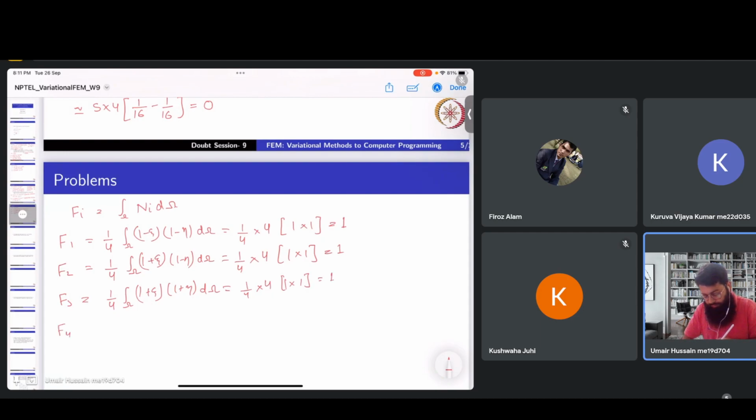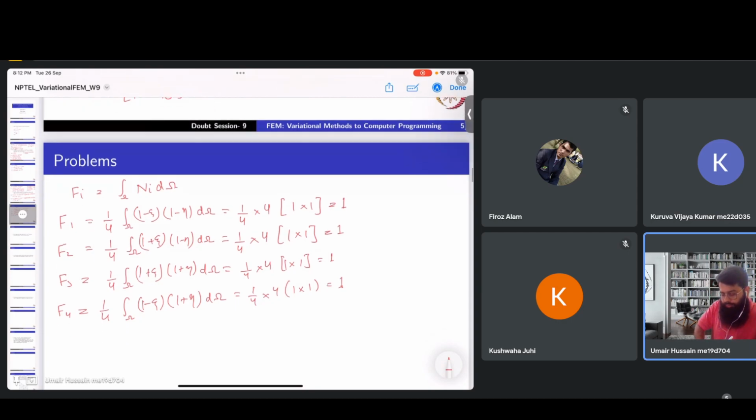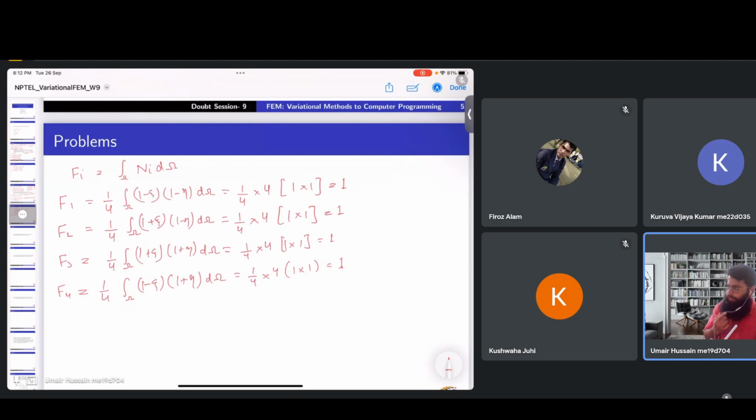And similarly F4 would also be 1. So all the terms in the force vector are 1. So I hope this was clear. If there's any doubt, we can discuss.